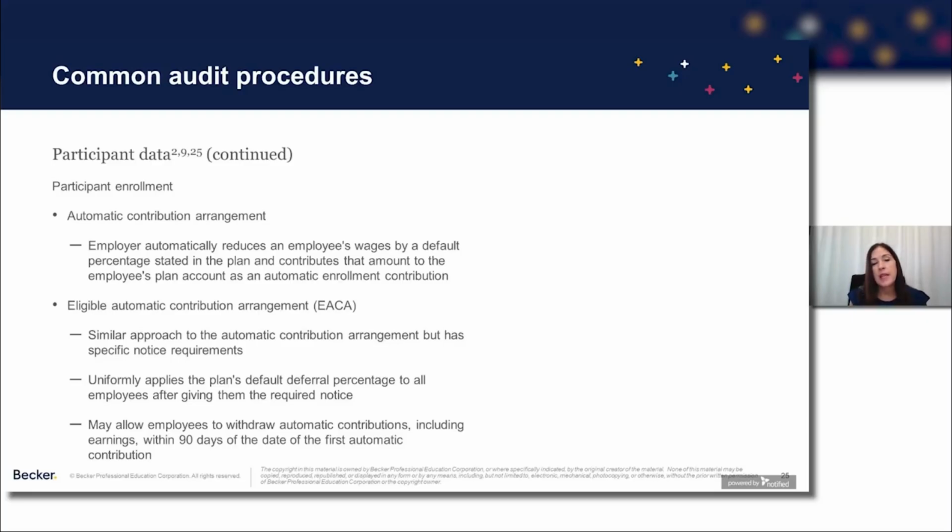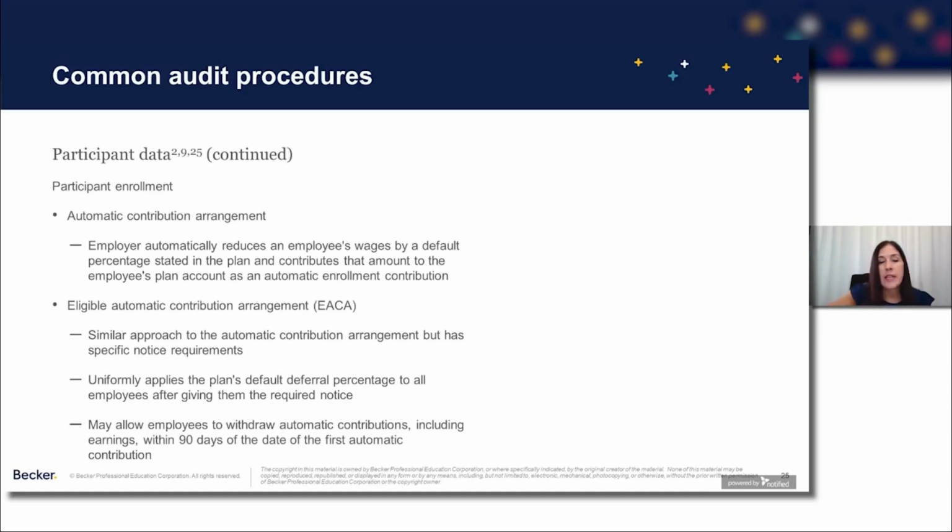And then with the EACA, it allows employees to withdraw those automatic contributions within 90 days of that first automatic contribution. So if they want to opt out after the fact, they can opt out within 90 days and withdraw those automatic contributions, including earnings.